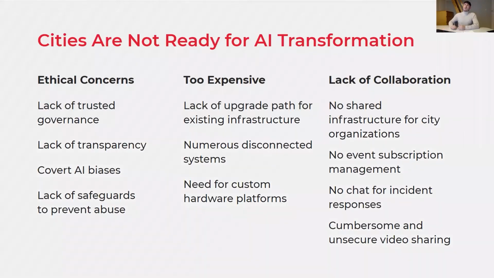So first of all, cities right now currently aren't ready for this transition to artificial intelligence. Some of the things which I'll discuss in this presentation today are the ethical concerns. Because once we mention artificial intelligence systems such as facial recognition, license plate recognition, and so forth, there is a lack of trusted governance, there is a lack of transparency.